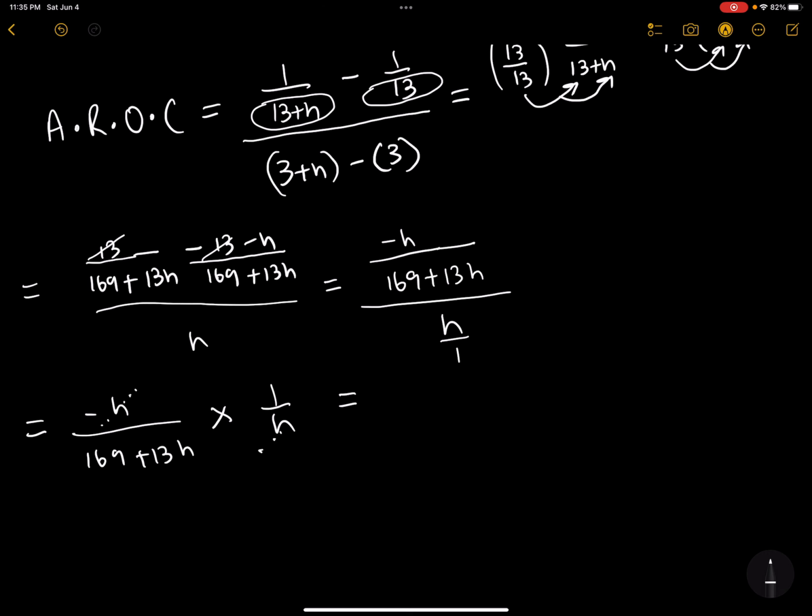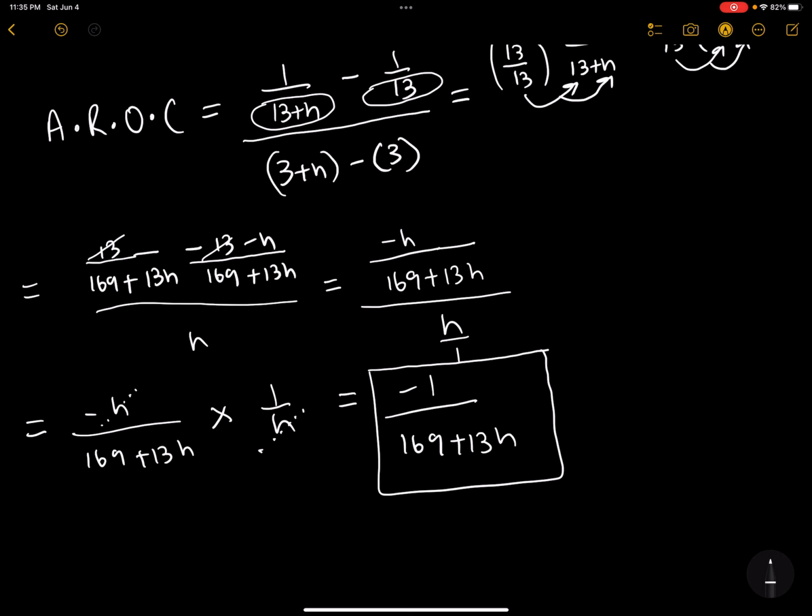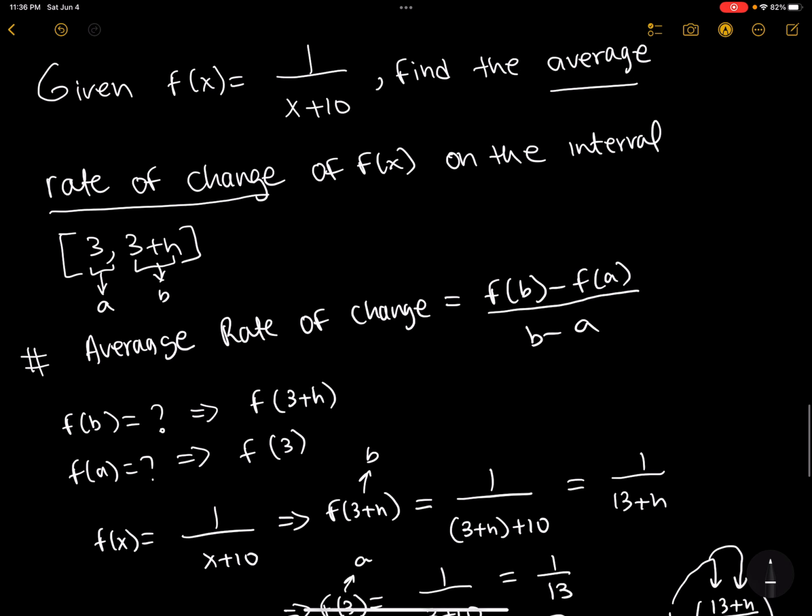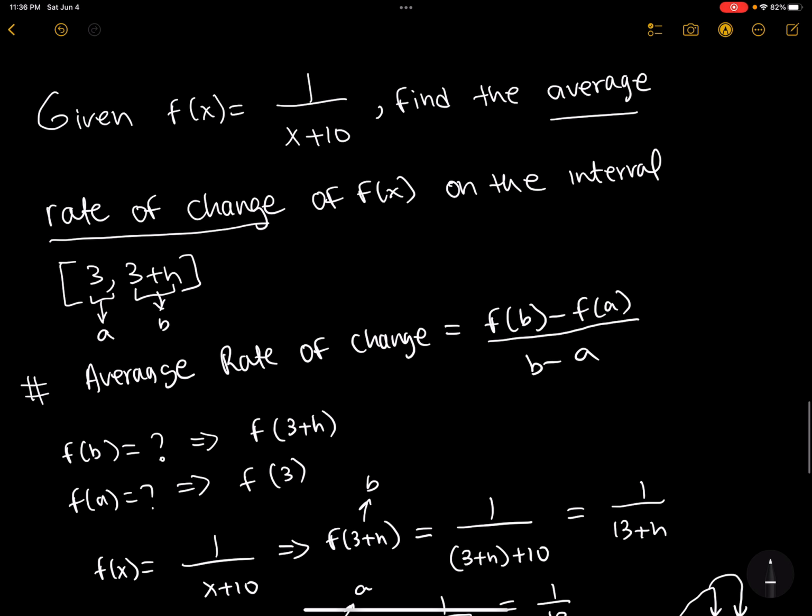This just gives you 1. So it'll be negative 1 over 169 plus 13h. And that should be your final answer. That should be the average rate of change in the interval, oops, sorry, I forgot to do this part, in the interval 3, 3 plus h. I hope this helps, and let me know if you guys have any questions.